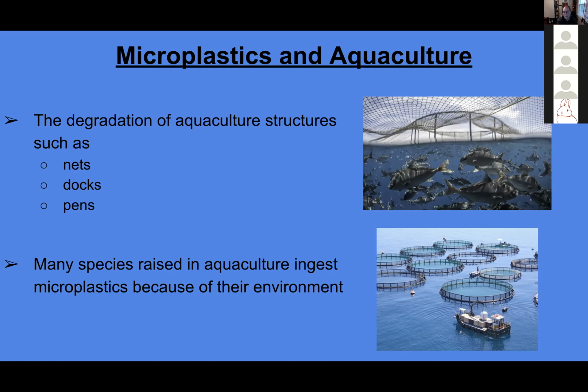Many species raised in aquaculture ingest microplastics because of their environment. Much of the plastic is in the form of fibers from nets. Microplastics are transferred when wild-caught species with microplastic contamination are ground into fish meal and then used in aquaculture feeding operations. Next slide, please.